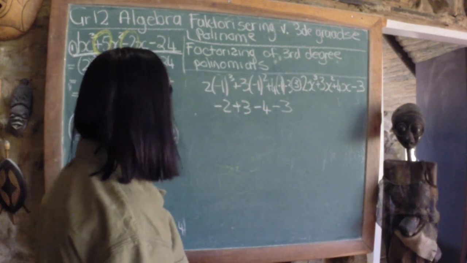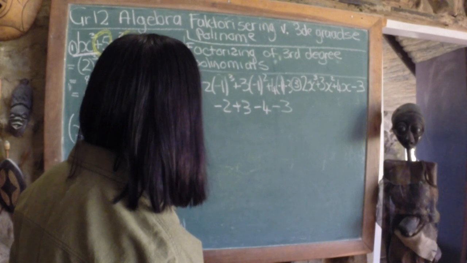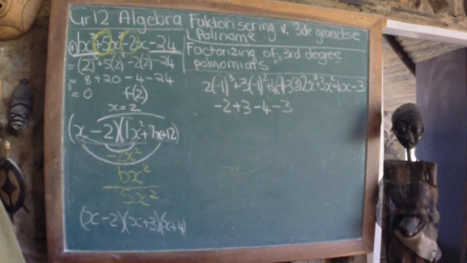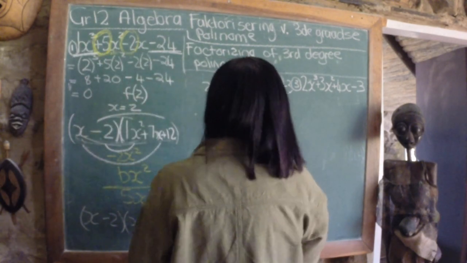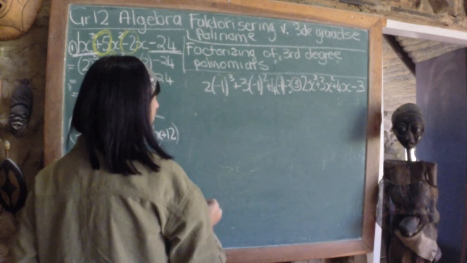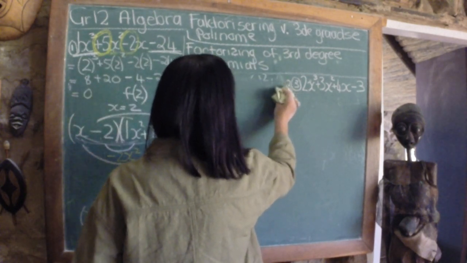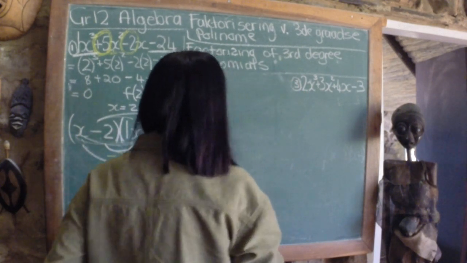So let's go on. We've got 1. Good, let's try another one. Let's try 2. As ons 2 daarin gaan substitusie doen, gaan ons ook nie 0 kry nie, want hy gaan te groot wees. So let's try minus 2.